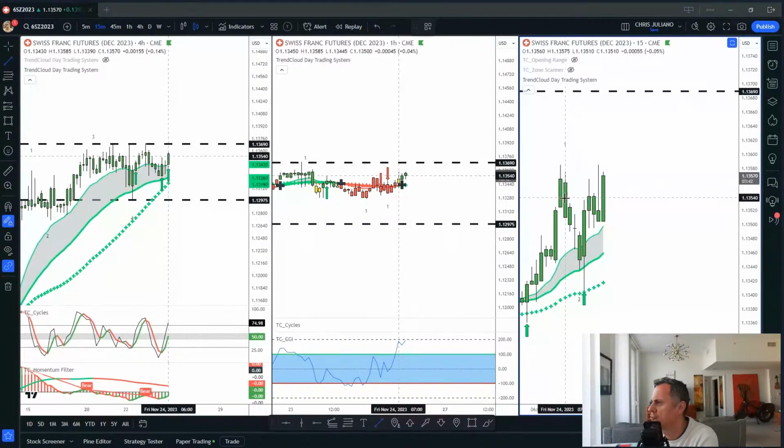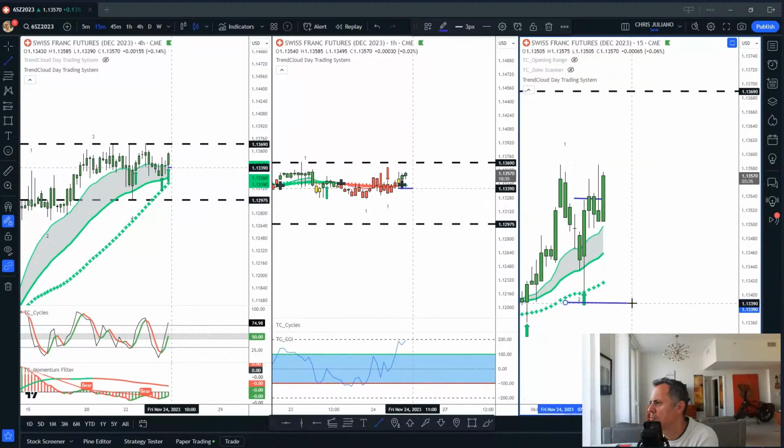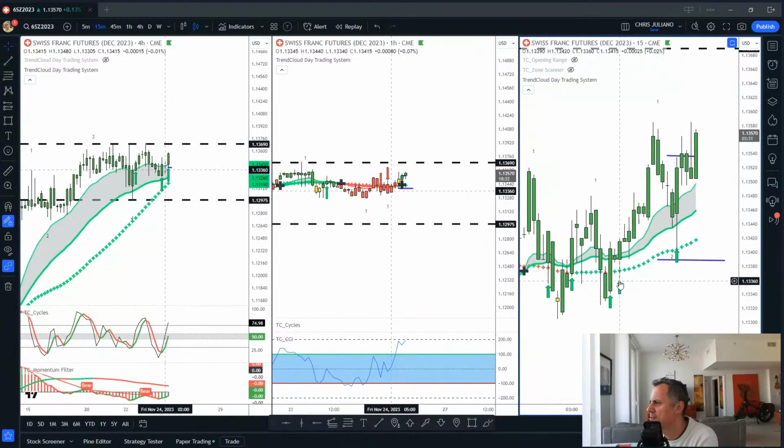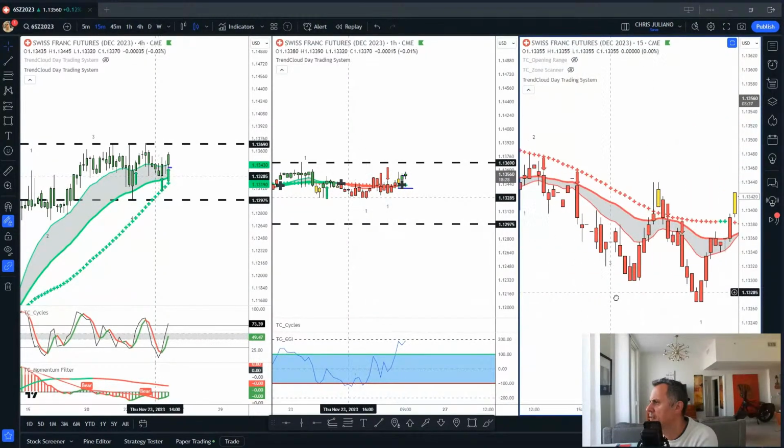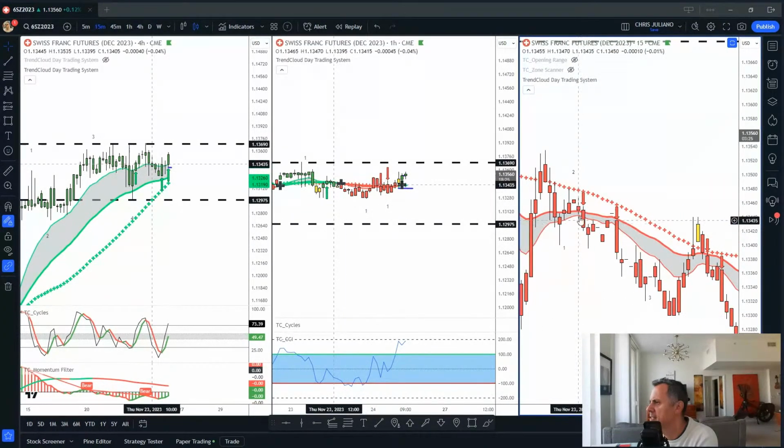Because look at your entry. Your entry would be right there, and your stop loss would be all the way down here. We hate that, right? We like short little candles like this, or like this. See this? That is way better. That's a way better signal candle, right?